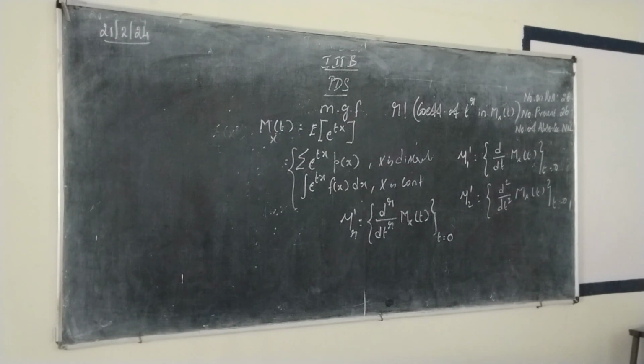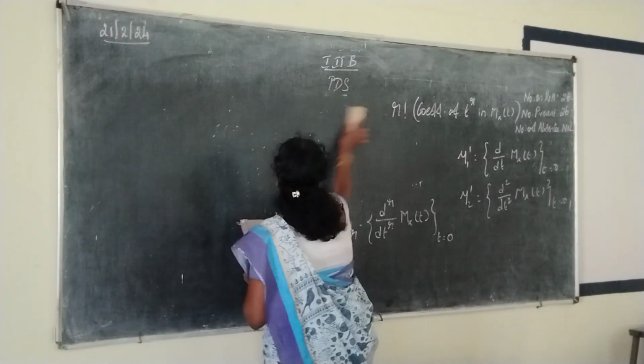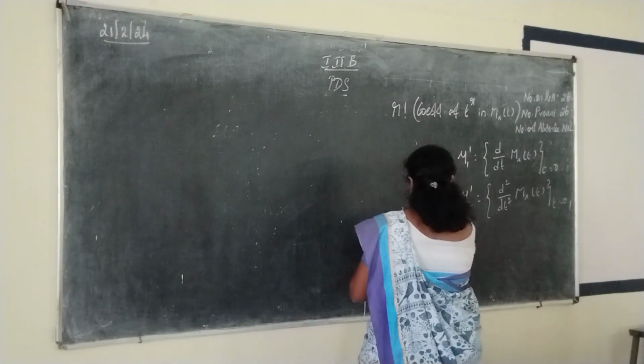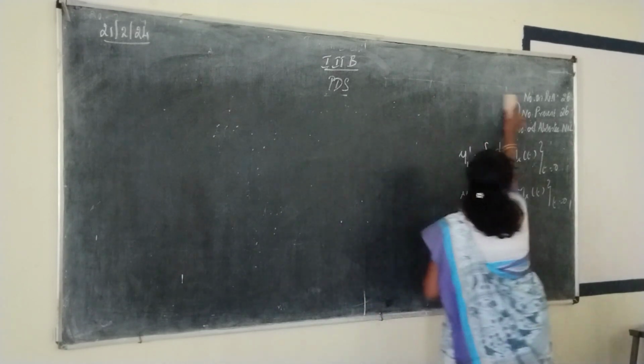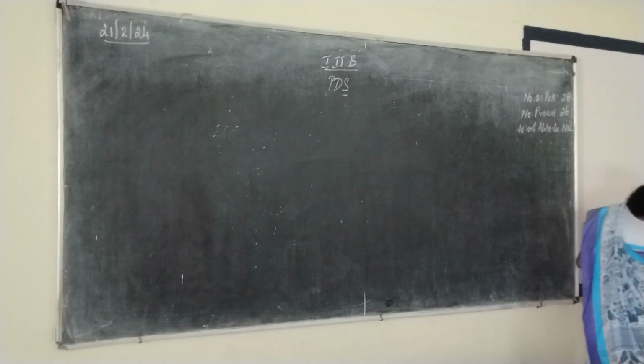Let capital X be the number that occurs when a die is thrown.